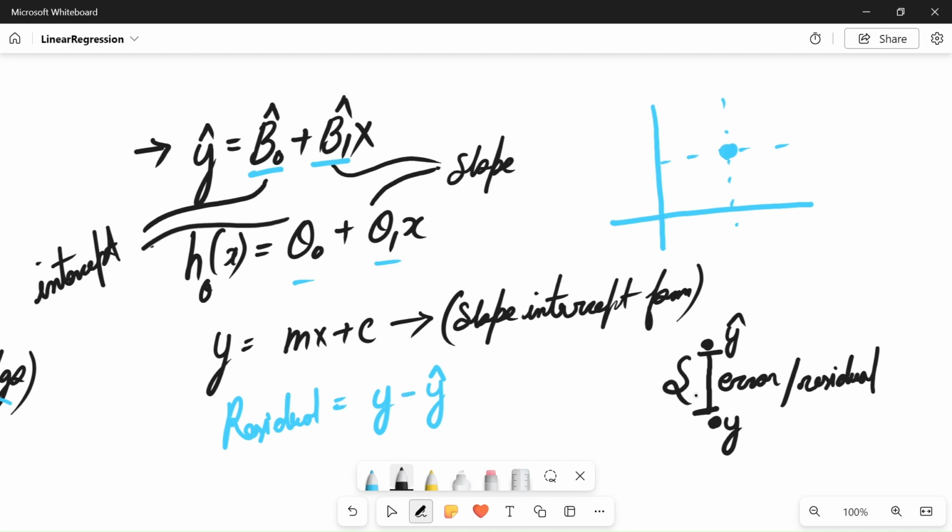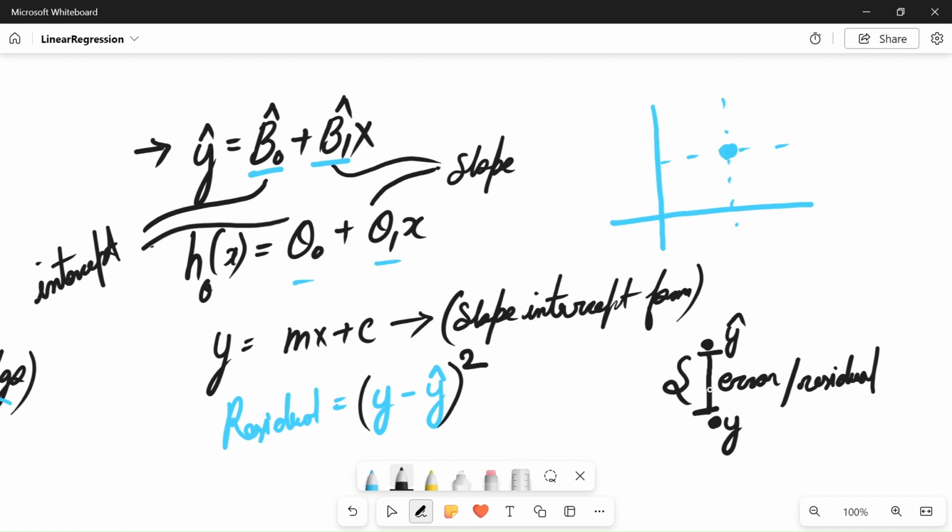Now, because this value can be positive or negative, what we essentially do is square this value so that we nullify the negativity of the expression, and the value always remains positive, whether the point is lying up or down.